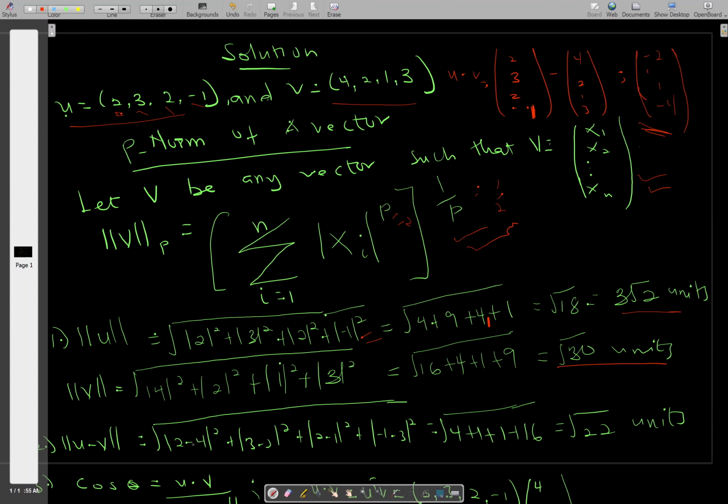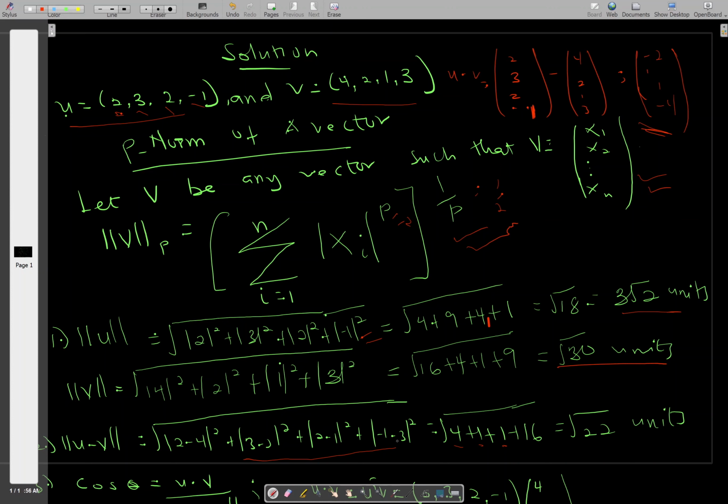So we take the absolute of 2 minus 4, all squared. The absolute of 2 minus 4 is negative 2, the absolute of negative 2 is 2, and when you square it, you get 4. 3 minus 2 is 1, the absolute of 1 is 1, and 1 squared is 1. 2 minus 1 is 1, the absolute of 1 is 1, and 1 squared is 1.